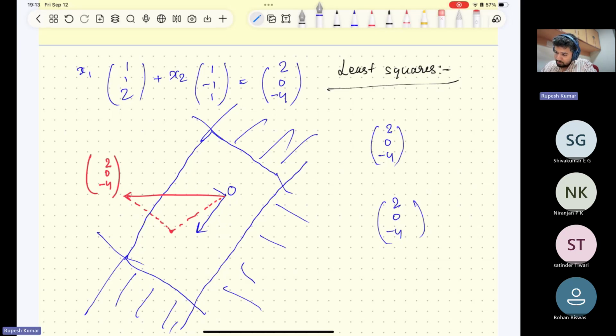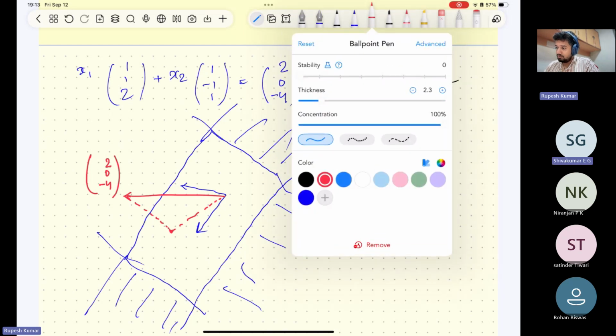These were the bases, let's say. These were the bases and this is the origin, so I'm deleting the origin right now. Now we cannot take these two bases to reach this vector because this vector has some component that is not lying in this plane. So let's draw a normal to this plane.